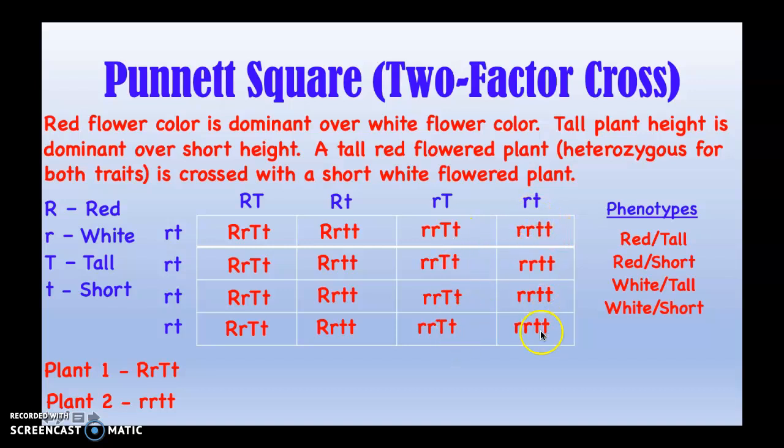And when we get to this fourth column, you'll see we have 4 that have both recessive traits, white flowers with short stems. So all four phenotypes are possible and they're in equal amounts. We just have to convert those to percentages. 4 out of 16 means there's a 25% chance of getting any of the phenotypes.